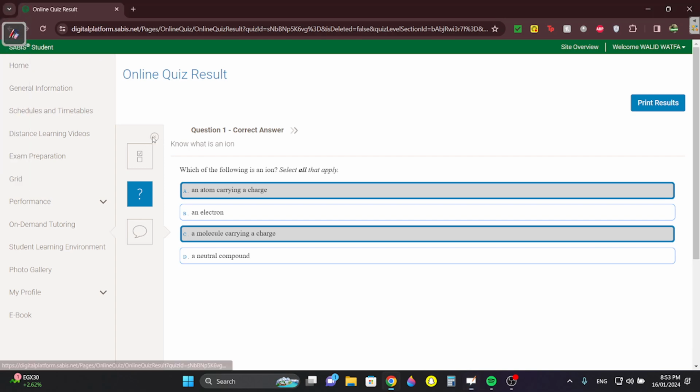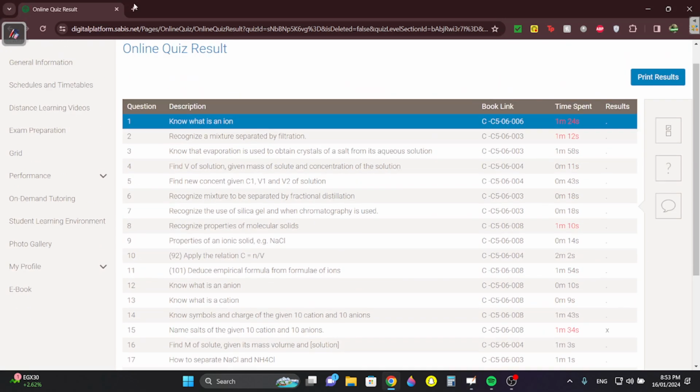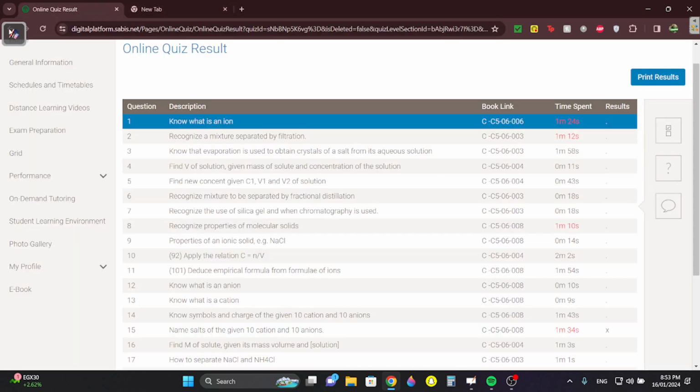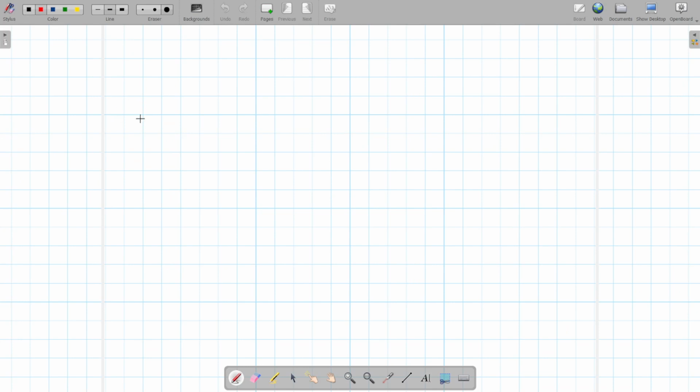What's new this week is the ions, and it's very simple. I'll help you out, okay? All you have to know is that in chemistry, we have ions, ionic solids, and molecular solids. An ionic solid is metal plus non-metal.